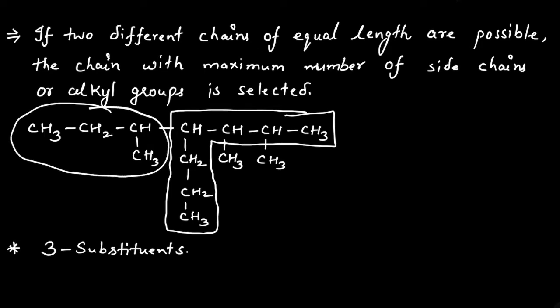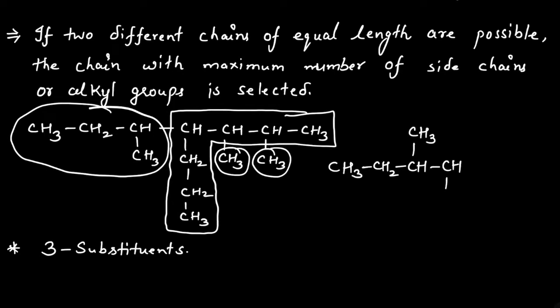This is the first one, this is the second, and this is the third one. So we have 3 substituents. Now suppose another student chooses a different chain as the longest carbon chain.